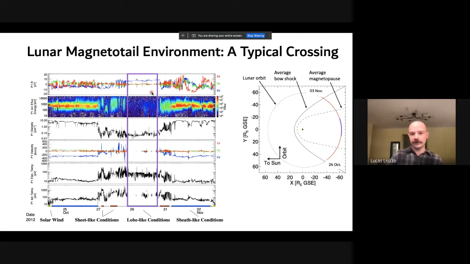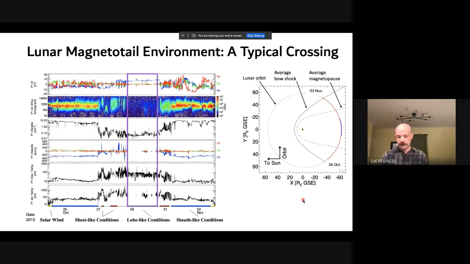The other thing that is characteristic of the lobes is this extended magnetic field in the tailward or earthward direction. If you picture what Earth's magnetosphere looks like, those magnetic field lines are stretched so far downstream that they're essentially aligned or anti-aligned with this X component. So again, this is what Artemis saw when it was exposed to the lobe-like conditions.